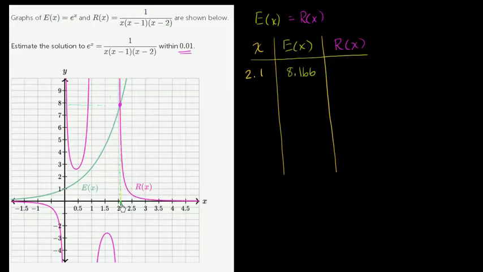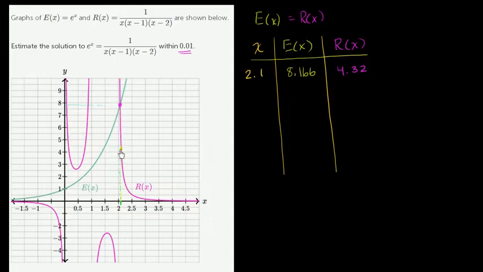So at 2.1, e of x is a much larger value than r of x. So e of x is clearly too high. r of x has already dropped a good bit by then.